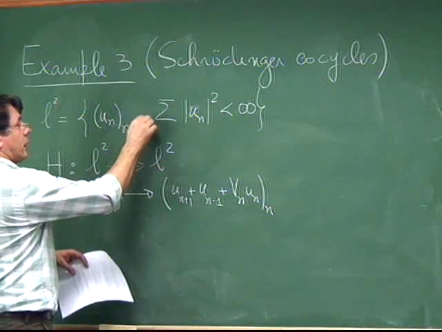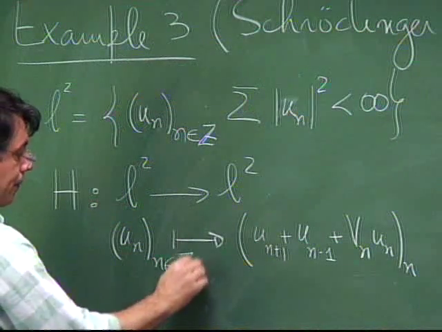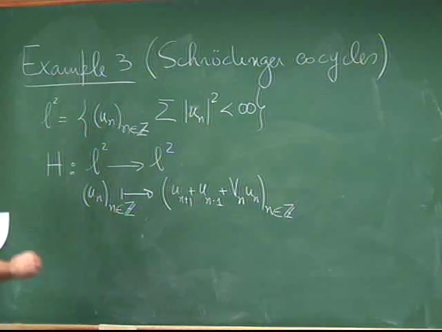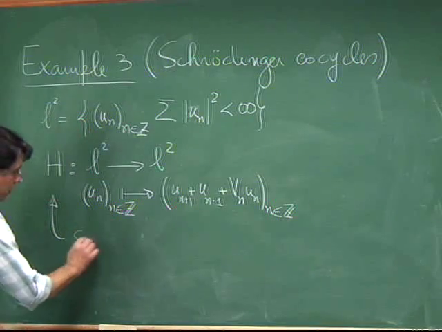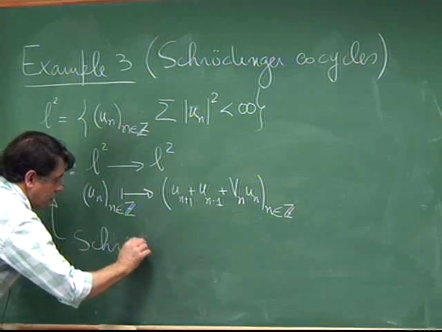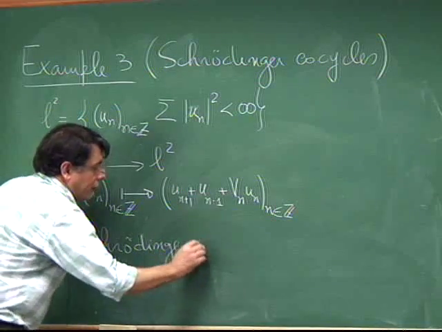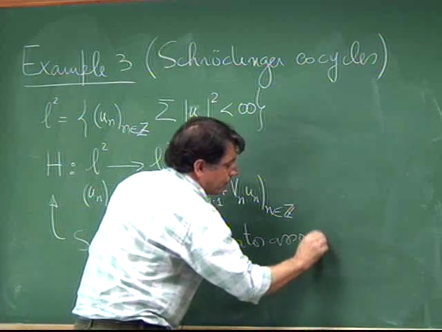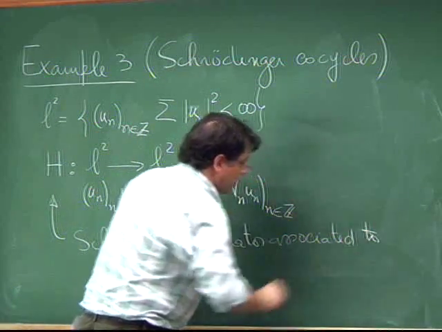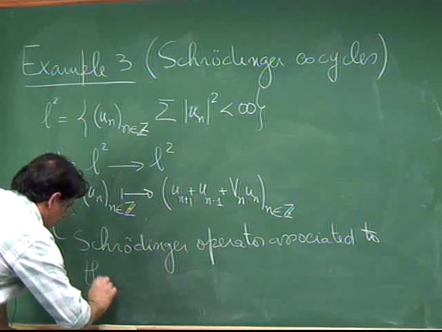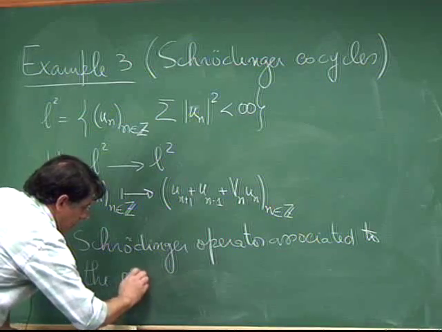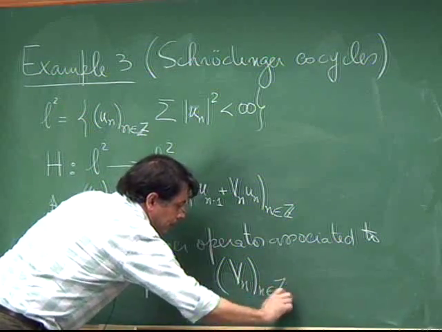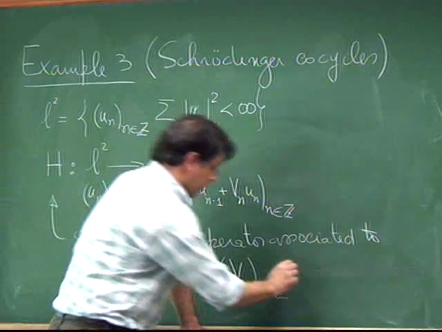We use sequences that are bilateral, indexed by Z. So this is the Schrödinger operator associated to the sequence capital V_n, and this sequence is called a potential.